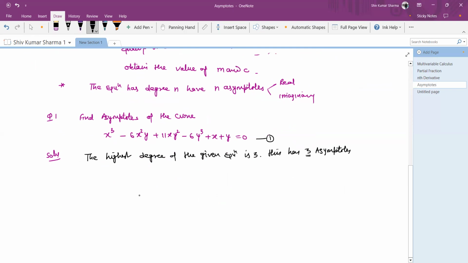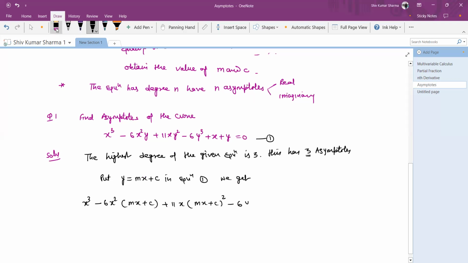Putting y is equal to mx plus c in equation 1, we get x cube minus 6 x square into mx plus c plus 11 x into mx plus c whole square minus 6 into mx plus c whole cube plus x plus mx plus c is equal to 0.